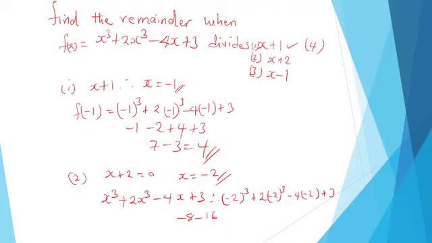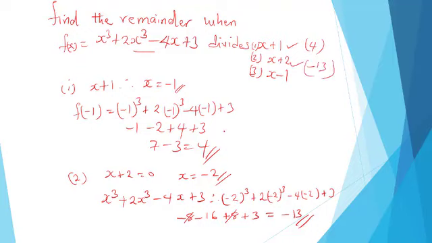Minus 4 times minus 2 will give you plus 8, then plus 3. Plus 8 goes with this, so minus 16 plus 11 is equal to minus 5. So if this dividend is being divided by this, the remainder will be minus 13.